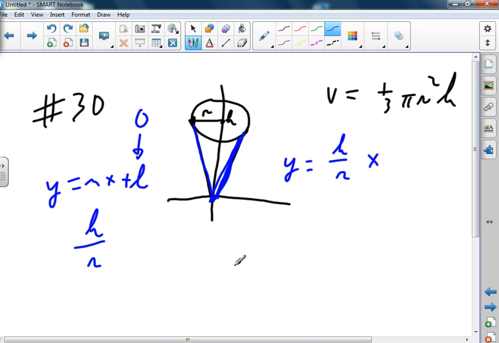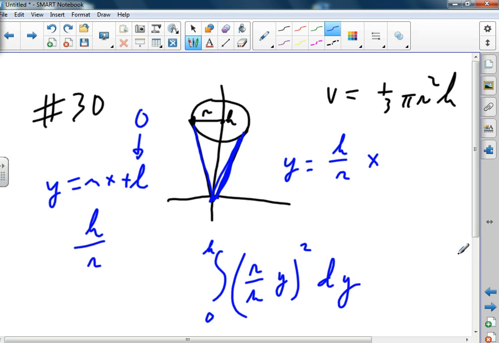So we're going to do the integral around the y-axis, from 0 to h of something with respect to y. So it'd be r over h y squared dy. Do I like that?